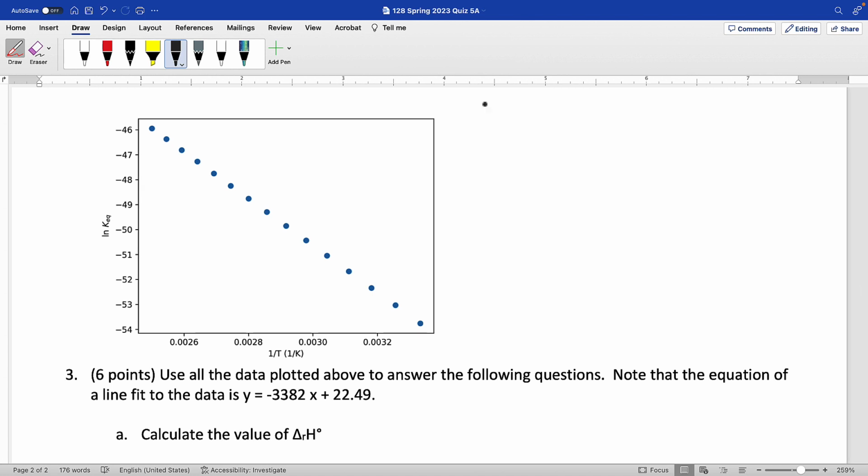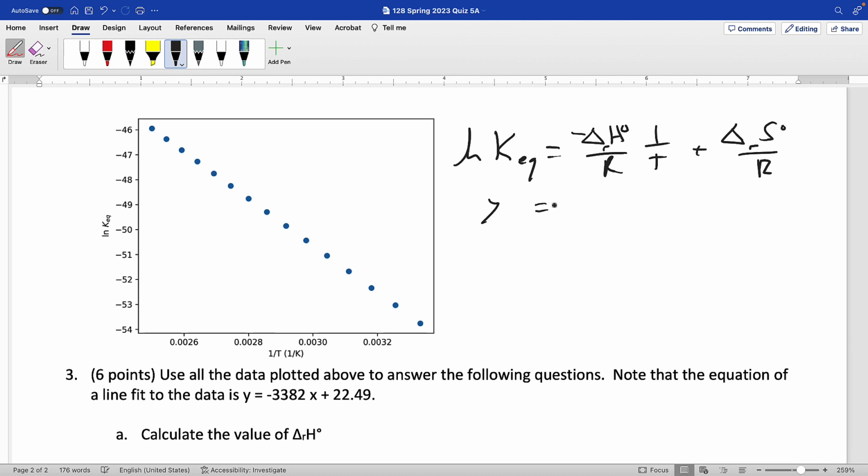So we can go back to the potassium nitrate lab. Remember, we plotted the log of K equilibrium as a function of 1 over T, and we saw that the slope was negative delta H of reaction over R, and the y-intercept was delta S of reaction over R. So we can say y is equal to mx plus b, so we can identify the y-intercept and the slope.